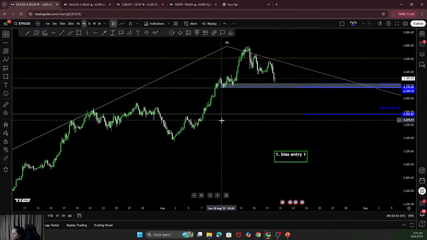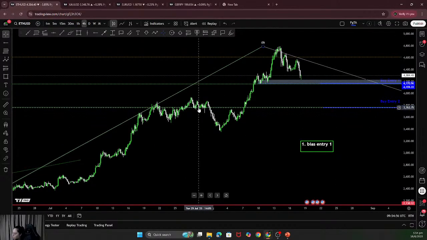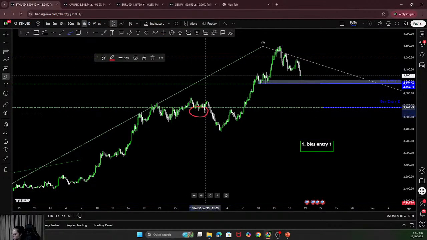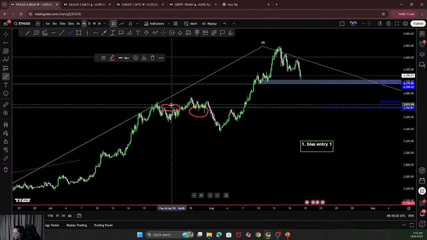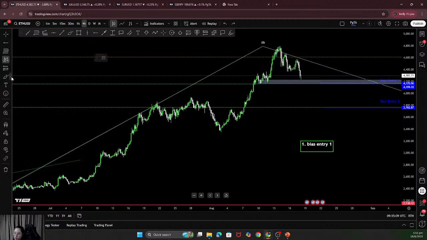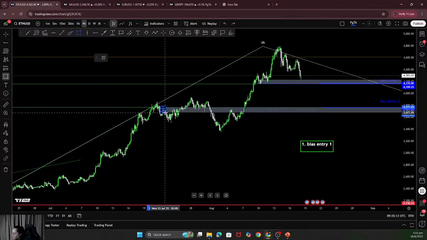If you look at here, I don't really see any horizontal levels. I do see this and I see this, and I guess I see this. Okay, you know what? There is a horizontal level. Sorry, I didn't see it earlier on. I guess you can say this is a horizontal level as well.